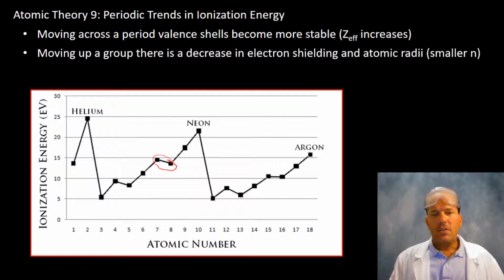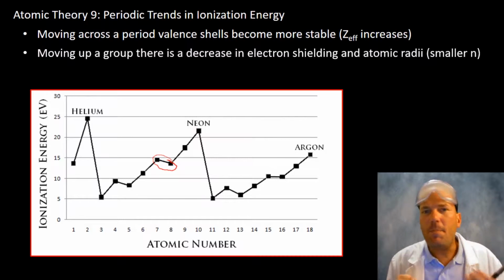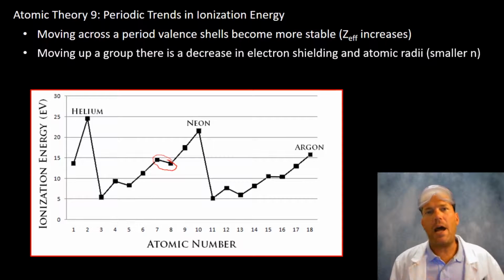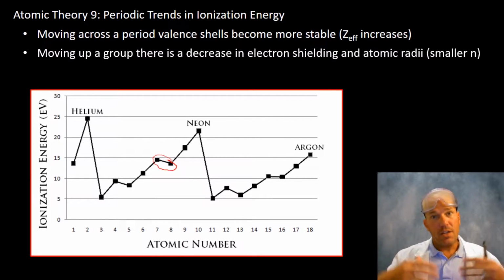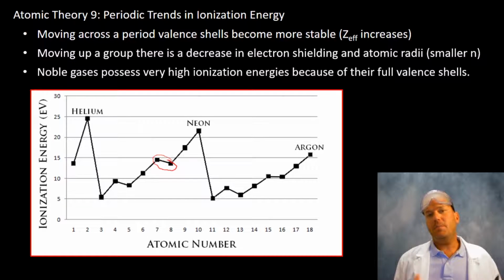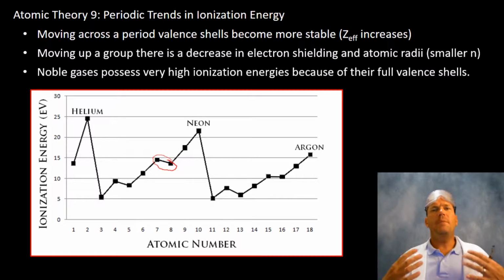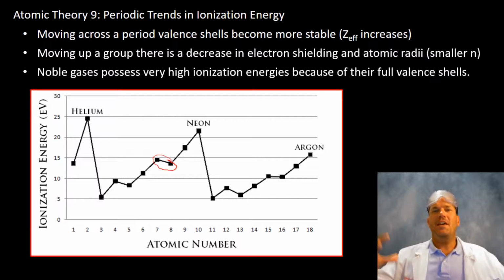So we see that this trend has some exceptions, which is why throughout our discussion of periodicity, I've used terms like usually and generally. Noble gases possess the highest ionization energies relative to other species because they have a full valence shell.